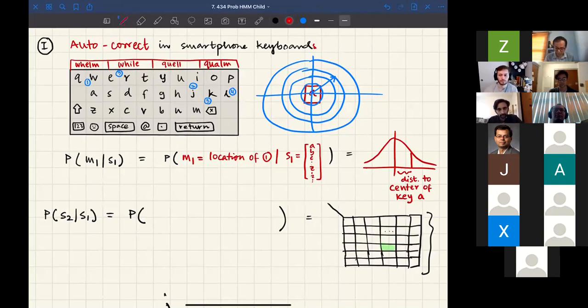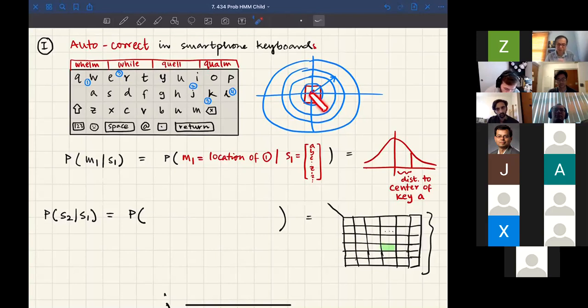Because this value is your measurement M1. From the location of your key tap to the center, this is your measurement.